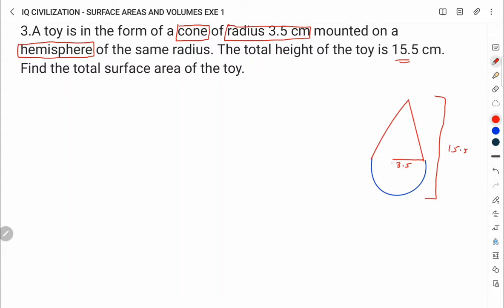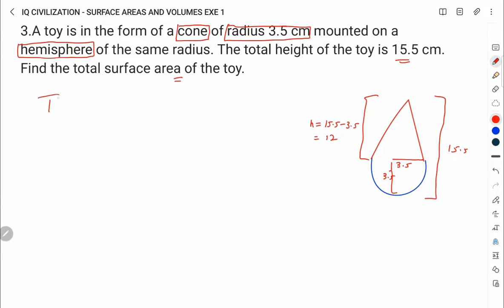Here it is 3.5, so here it will also be 3.5. So height of the cone h is equal to 15.5 minus 3.5, which is 12. Now find the TSA of the toy.